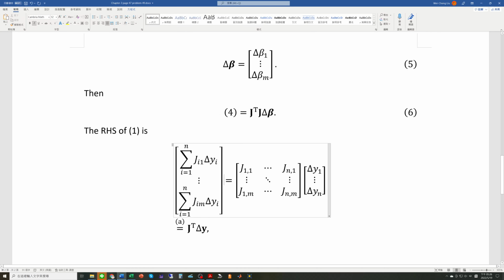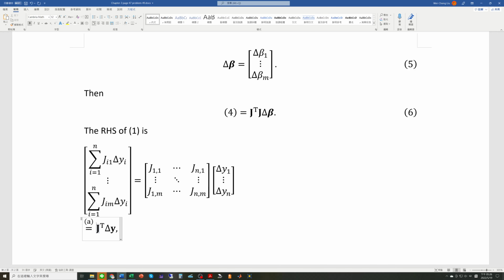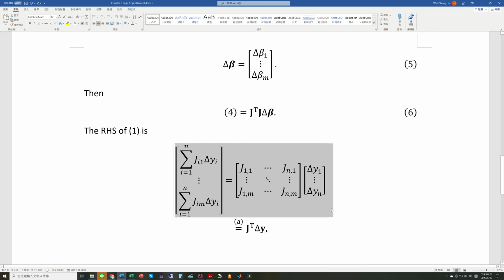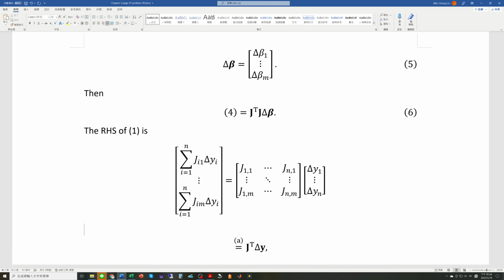So let me adjust this equation as the center, and this equation align left. This is center. Okay, and this align left. Okay, and let me put a lot of spaces here.